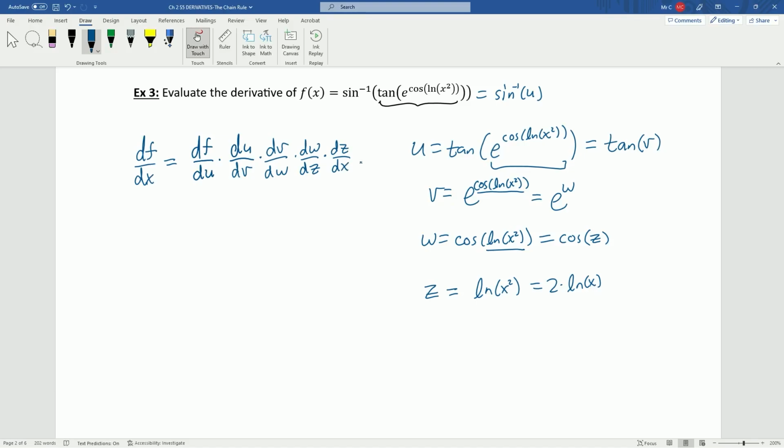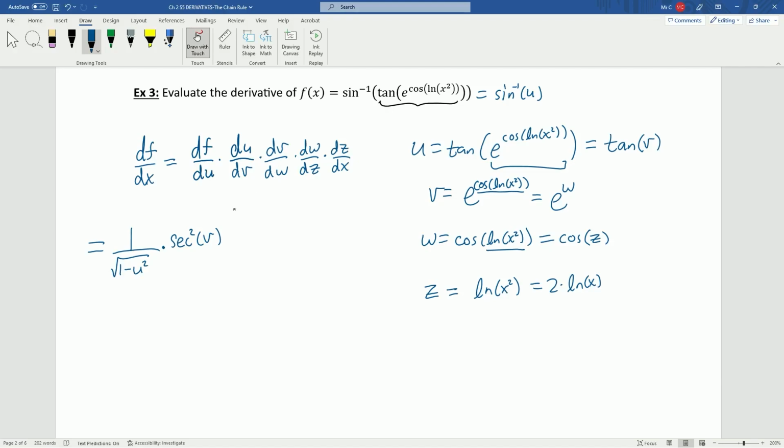So altogether, it seems like a really rough problem, but each of these individual derivatives is really easy, right? df du, the derivative of sine inverse of u, that's 1 over the square root of 1 minus u squared, times du dv. Okay, du dv, the derivative of tangent of v is secant squared of v.